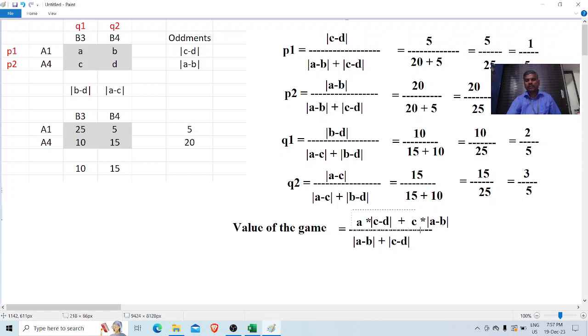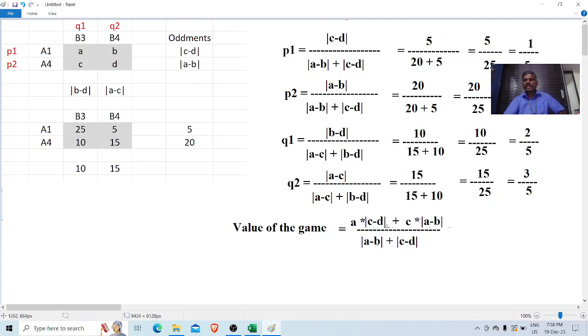Like this, we have three other formulas. Whatever may be the formula, we will get the same answer. So we can use any one of these formulas to find the value of the game. First we have fixed the denominator: modulus of A minus B plus modulus of C minus D, and in the numerator we have written A minus B and C minus D just crosswise.